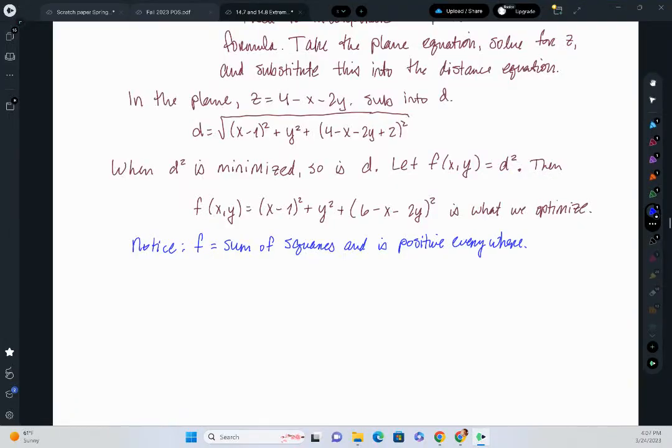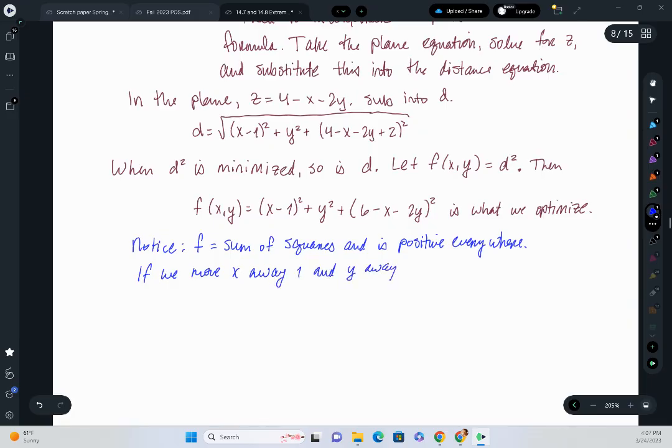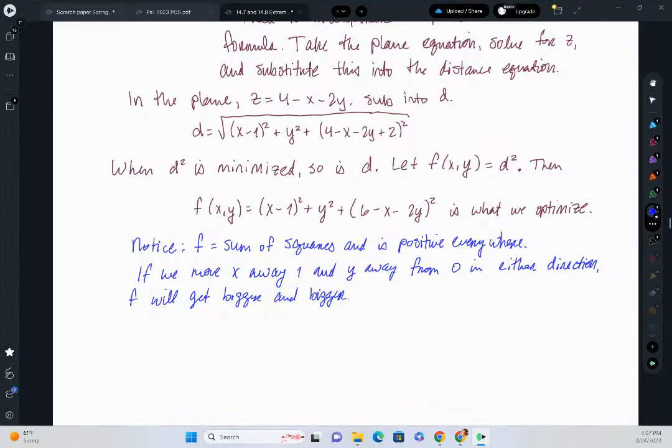But if we move x away from 1 and y away from 0 in either direction, f will get bigger and bigger because those first two terms will become bigger and bigger values.